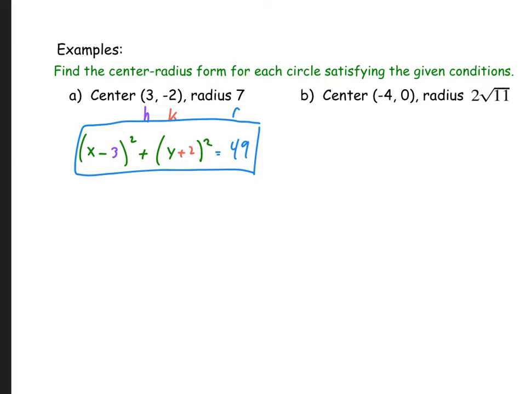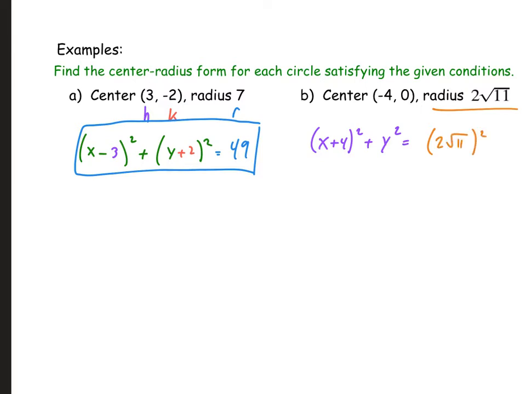Then the second one's pretty easy as well. They just give us a radius that's a little funky. We start off with x minus -4, so x plus 4. We square that, and then we add y minus 0, which would just be y, and square that. And then we want to take 2 radical 11 and square that.